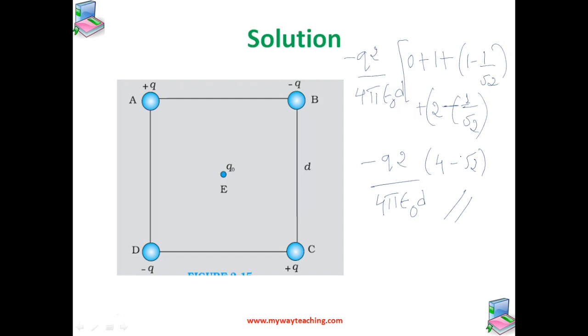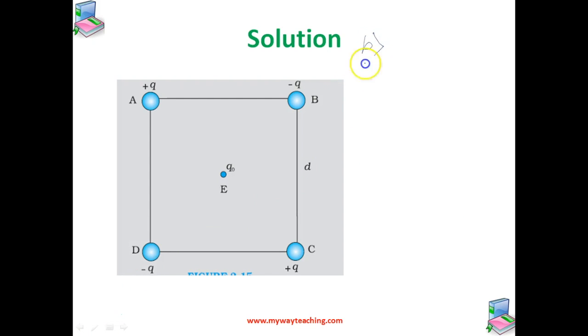Okay. Now coming to the second part of the question, where they are asking when the charge Q0 is placed at the center, the extra work necessary to bring a charge Q0 to point E when the four charges are at A, B, C and D is Q0 into electrostatic potential at E due to charges at A, B, C, D. The electrostatic potential at E is clearly zero since potential due to A and C is cancelled by that due to B and D. Two are positive and two are negative charges and they are all at equal distance.